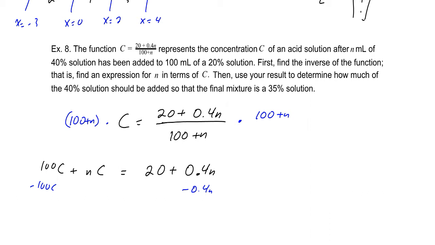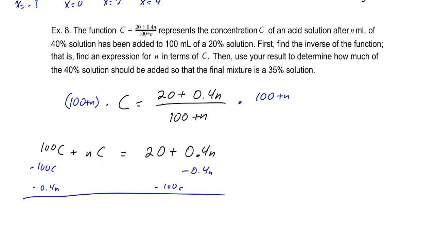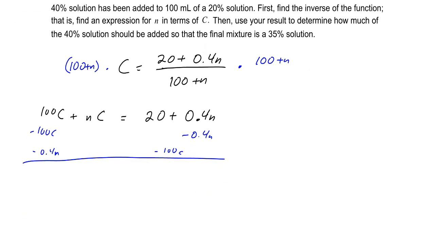All right, so that means we're going to have a minus 0.4n and minus 100C on this side. Let's move those. So we're switching sides with those. This should result with our terms with n on one side and the terms without on the other. So nC minus 0.4n equals 20 minus 100C.